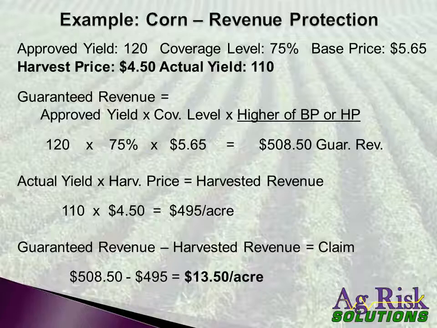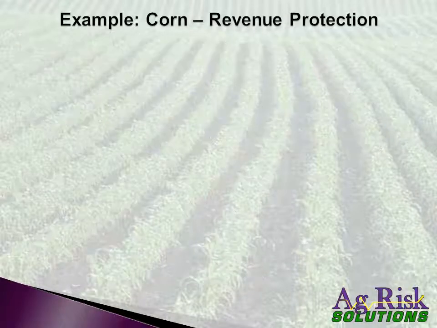So not a huge claim here, but still, due to that price dropping, even though we only had slightly below average yields, we're still looking at a $13.50 per acre claim. Like I said, not a huge deal, but if that's over 1,000 acres of corn, that's $13,500. So it can add up pretty quickly.